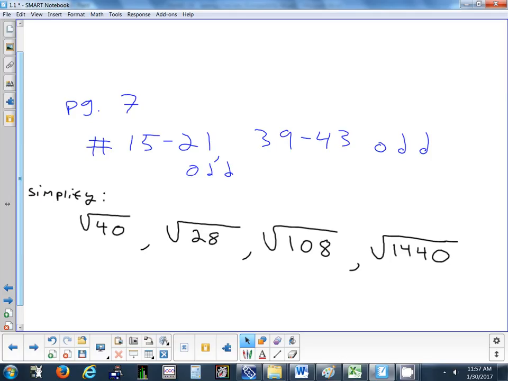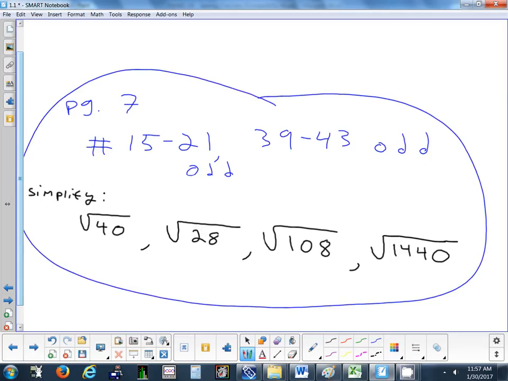Those are midpoint problems. And these 4 are not in the book. Okay? Copy down these 4 square roots and simplify them as much as you can. Okay, so we'll take a look at that first thing tomorrow.